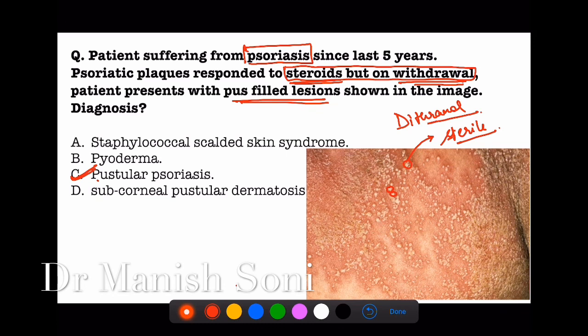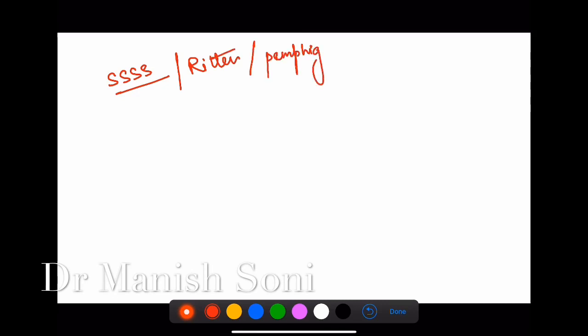If you look at the other options, we can exclude them very easily. One of the options is staphylococcal scalded-skin syndrome, which, as all of you know, is also known as Ritter disease or pemphigus neonatorum. In this condition, what happens?